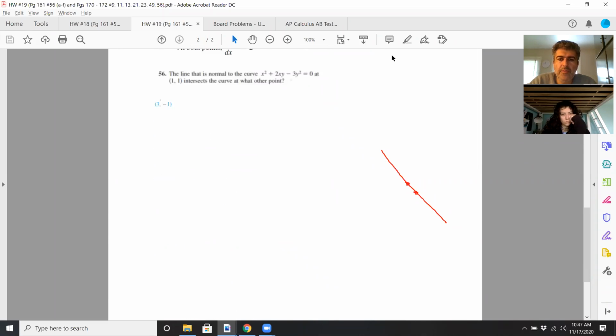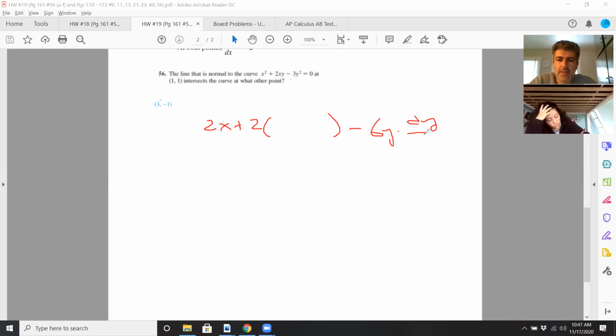So what you're going to need to do is first find your derivative, which is really easy. 2x plus 2 parentheses minus 6y times dy over dx equals 0. Now, so the inside. So you're going to do derivative of xy. We know that's 1 times y plus x times dy over dx. And what I'm going to do is I'm just going to plug 1, 1 in right now for x and y, and just get what dy over dx equals.